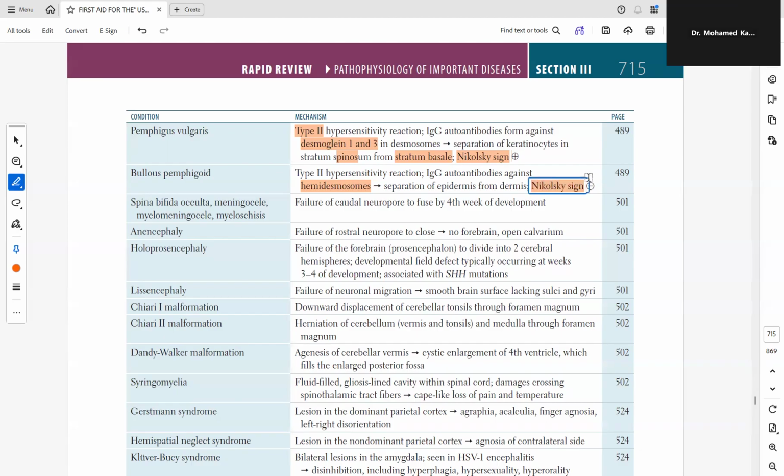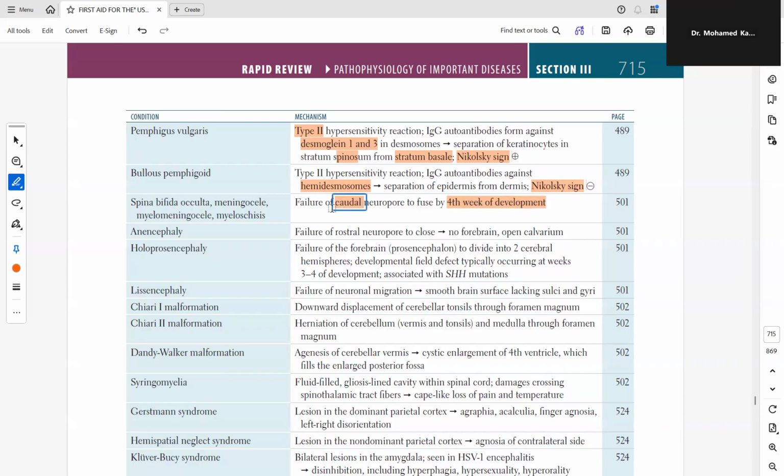Spina bifida occulta, meningocele, myelomeningocele, and myeloschisis. Failure of caudal neuropore to fuse by the 4th week of development.